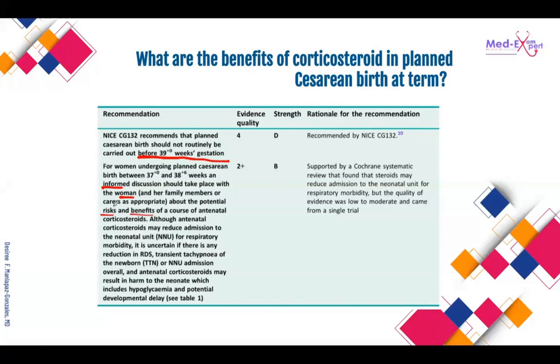They say if you give the corticosteroids in a late preterm and in early term, the baby will be exposed to neonatal hypoglycemia and potential developmental delay. So you have to weigh the risk and benefits. And they say if the baby is born after 39 weeks, then this risk is decreased. So this is evidence recommendation category 2B.